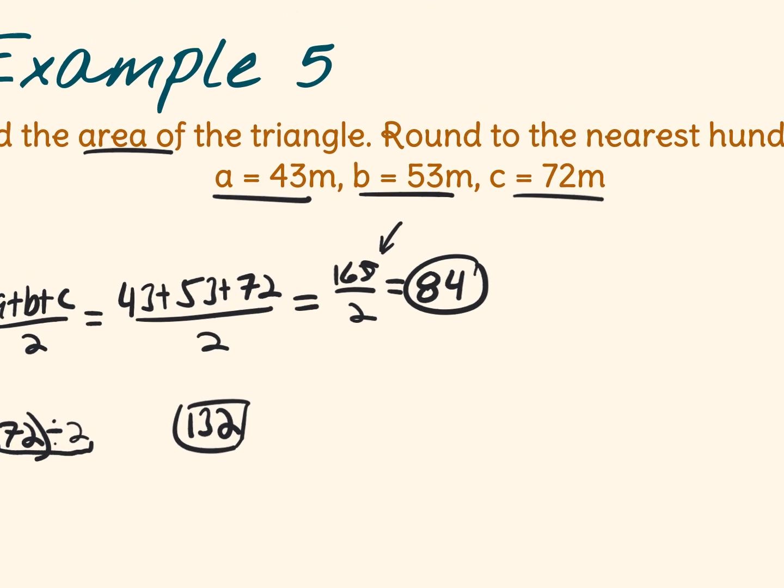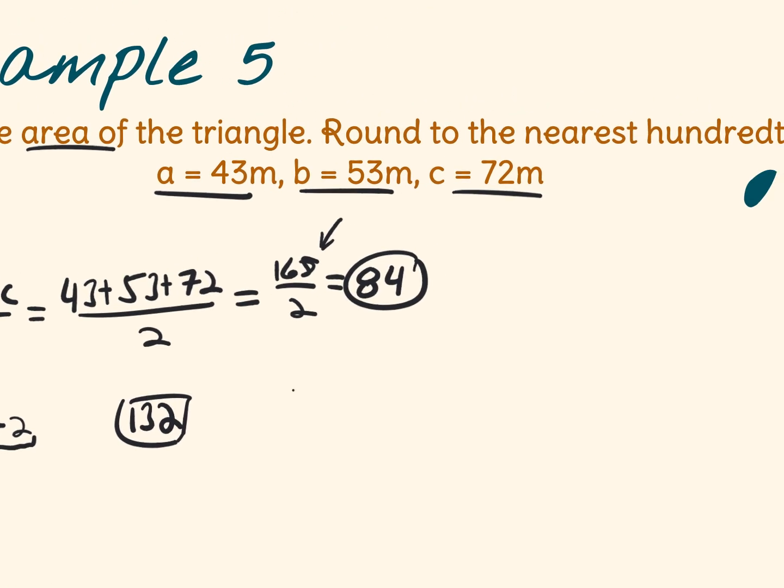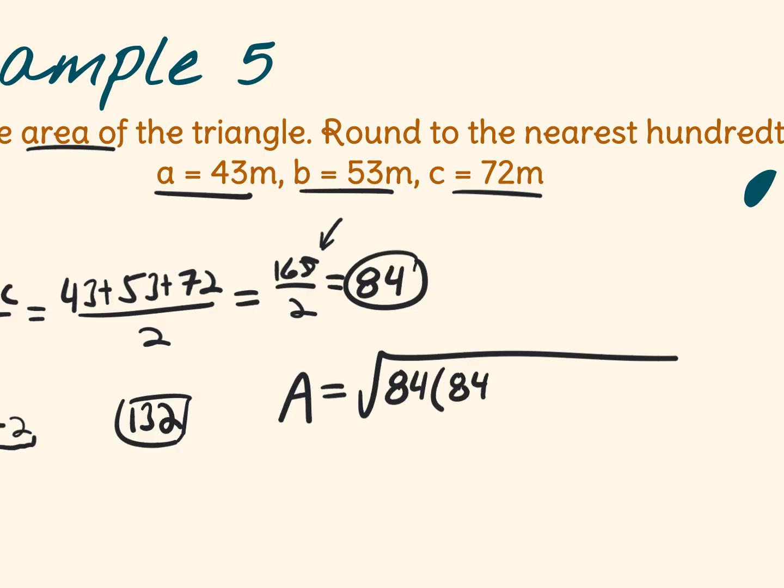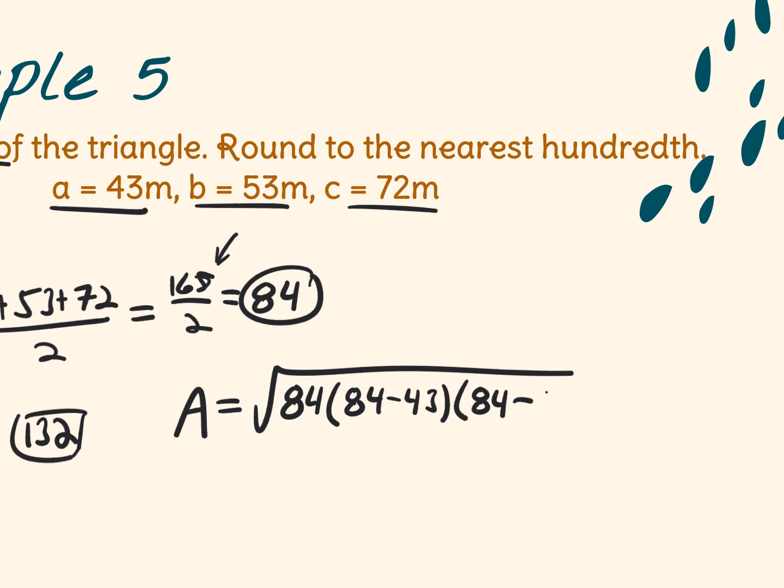Once we have that now, right, this is S, we can just plug it into our area formula. Our area is going to be the square root of S, which is 84, times S minus A, so 84 minus 43, times S minus B, 84 minus 53, times S minus C, 84 minus 72.